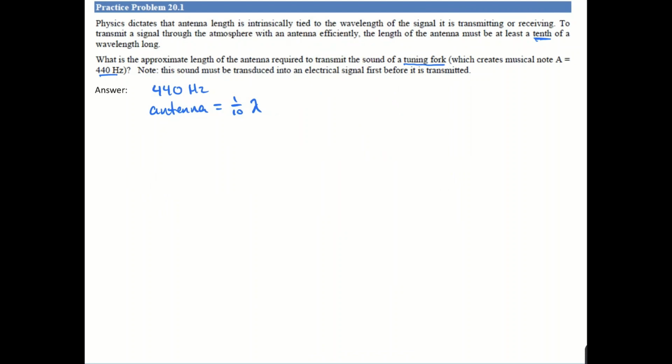So now that you're back, let's remember our equation from chapter 19, where lambda equals C over F. Remember, that comes from the equation C equals wavelength times frequency. So in this situation, lambda equals 3 times 10 to the 8th meters per second, all over 440 hertz.